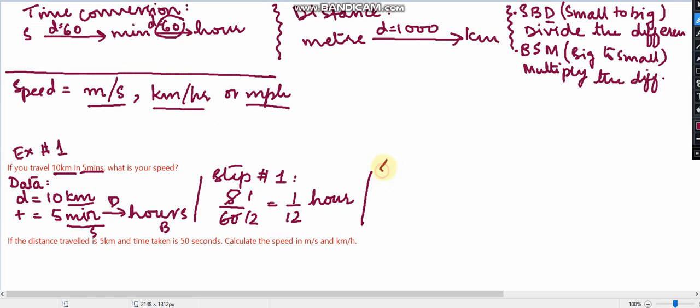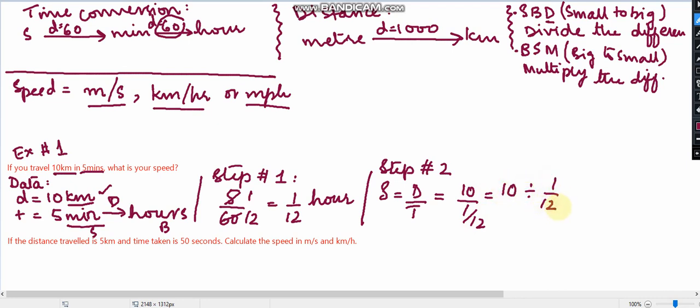So now let's apply the formula. Right now we are done with the conversion. Now step number two is let's apply the formula. Formula says speed is equal to distance upon time. Distance is 10 kilometers and time is 1 by 12 hour. Now there's this math. 10 is getting divided by 1 by 12.